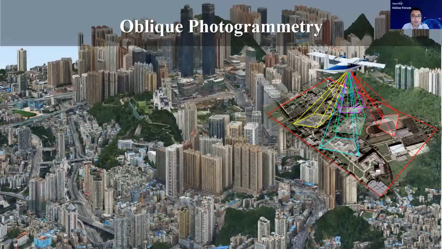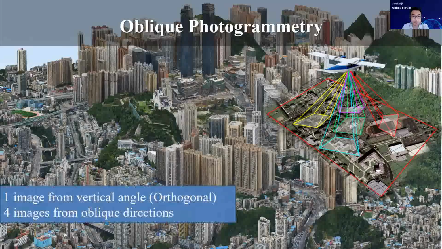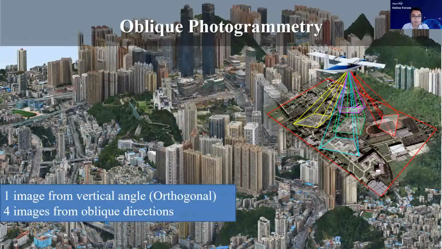For this technology, we use a drone or aircraft to capture images. We need to have 5 images: one from the vertical angle, and another 4 from the oblique directions. Using these 5 images, we can do data processing in optical photogrammetry software.